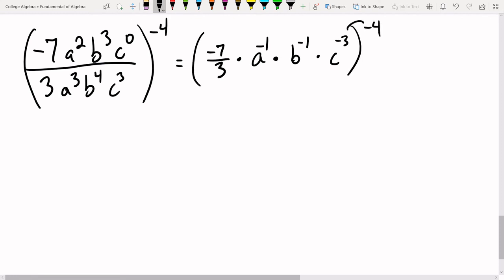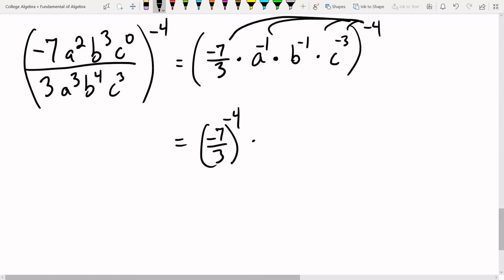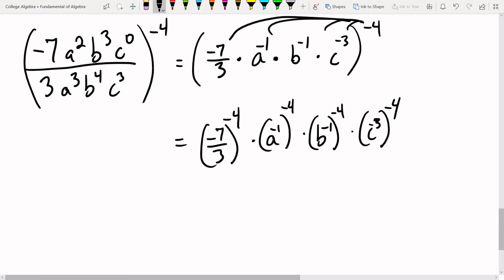Now we can distribute the negative 4 into all of the powers. So we get negative 7/3 to the negative 4 times a to the negative 1 to the negative 4, and so on. I'll just write it out. All of these things have negative 4 as an outside power. c to the negative 3 to the negative 4.